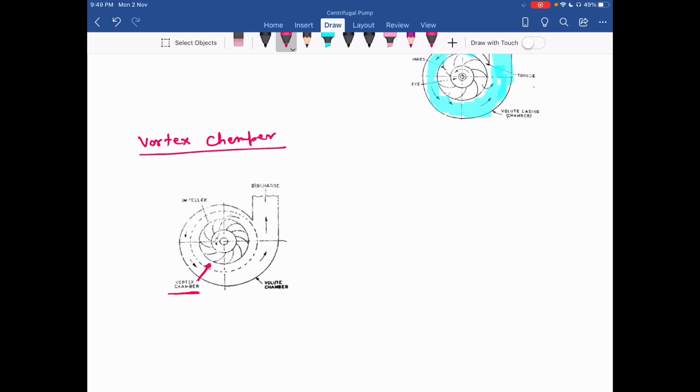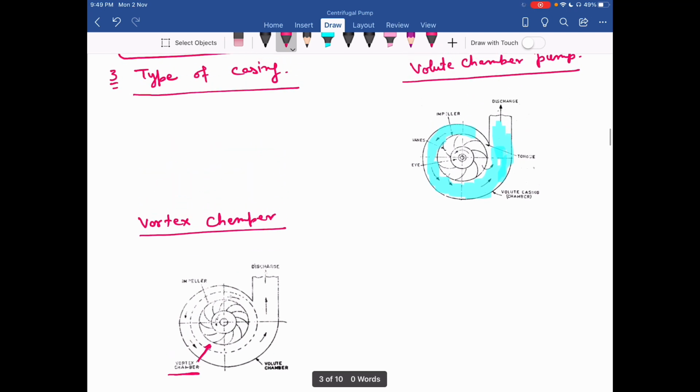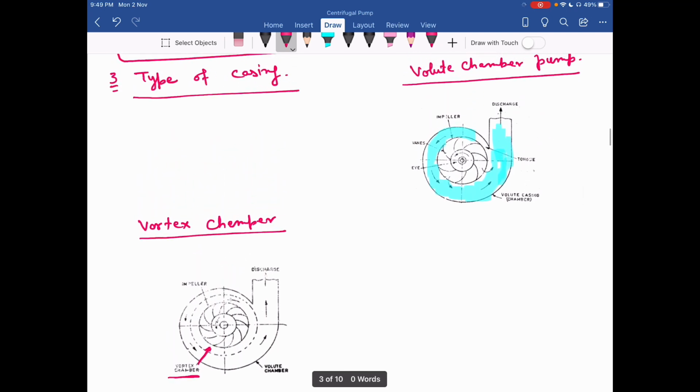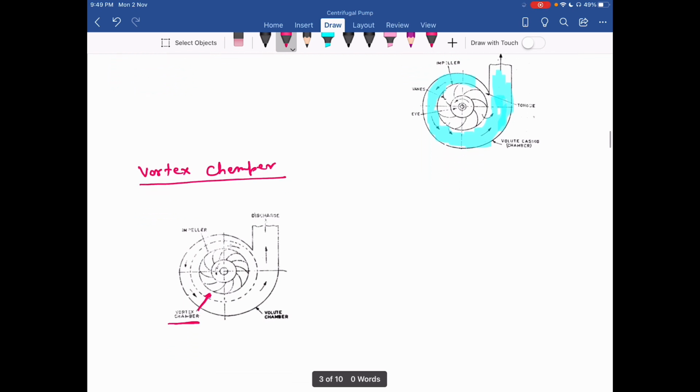Now this vortex chamber is a uniformly increasing area provided between the impeller and the outer volute casing. So on leaving the impeller, the water first goes to the vortex chamber and then it goes to the volute or spiral chamber.